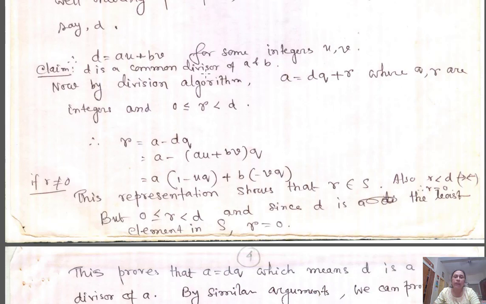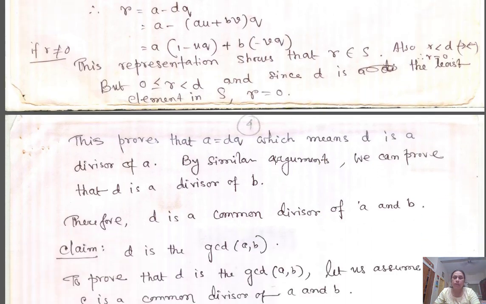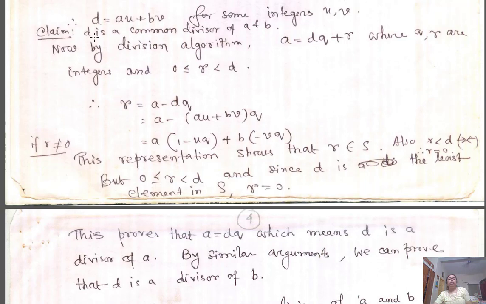When you divide A by D, there will be no remainder. In the same way you can prove that D is also a divisor of B, with B equal to DQ prime. So D is a common divisor of A and B.